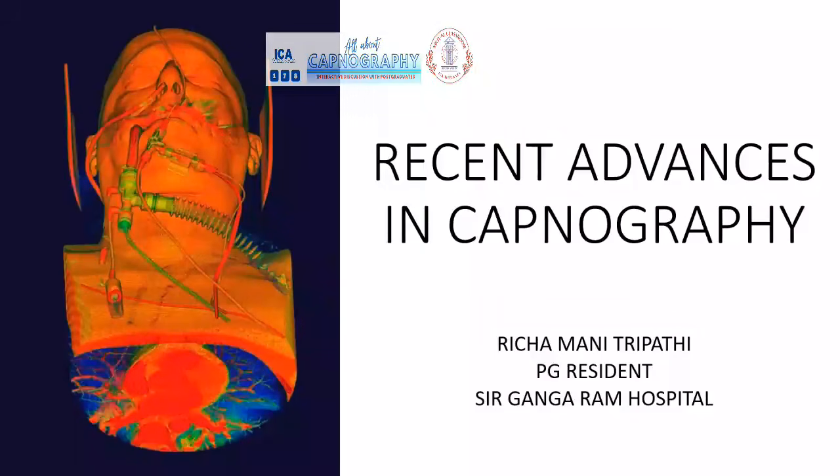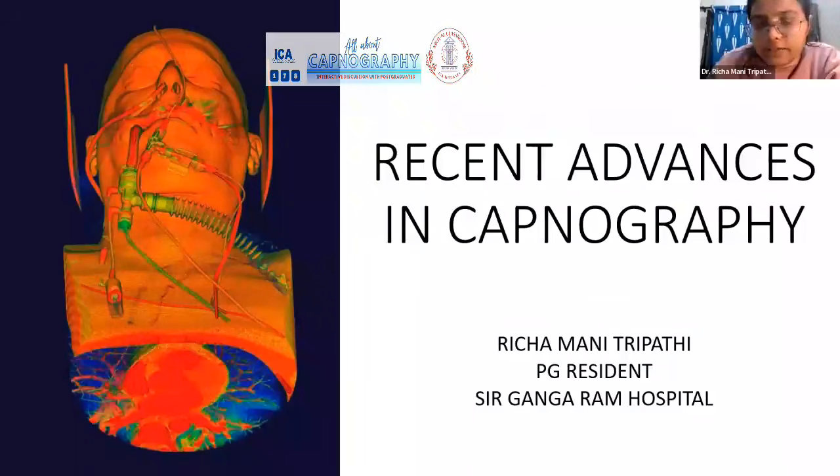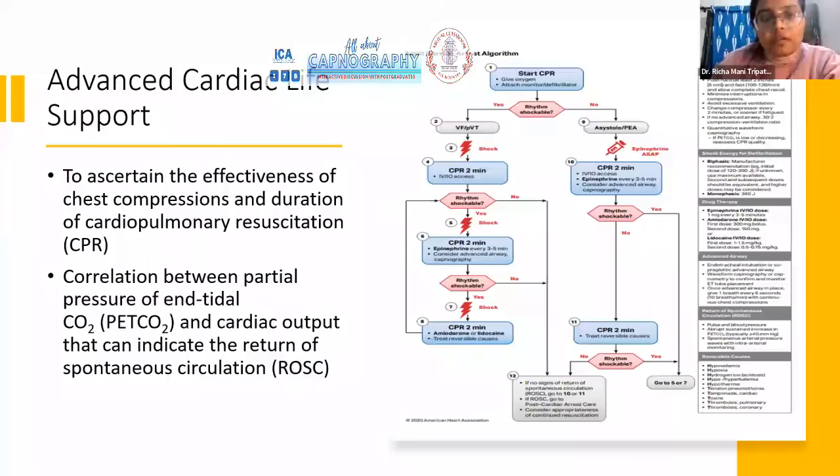So my seminar is on recent advances in capnography. As sir already pointed out, ACLS now uses capnography to ascertain the effectiveness of chest compression and duration of CPR. There is also a correlation between partial pressure of end-tidal carbon dioxide and cardiac output that can indicate return of spontaneous circulation.